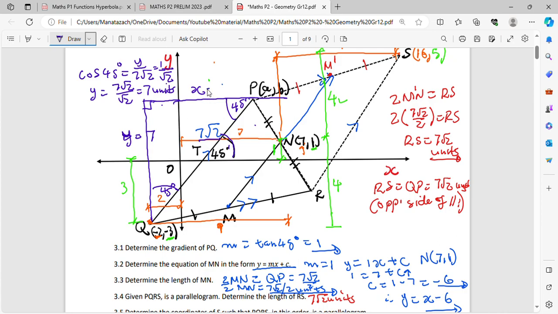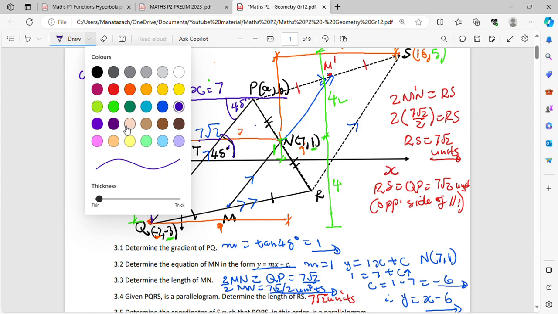We know that you're going to get the same thing if you do the same calculation for x. So now the distance between Q and P, the vertical distance is 7 and the horizontal distance is 7. So which means in order to get to the coordinates for P, now let me choose another different color for the purpose of the answer.